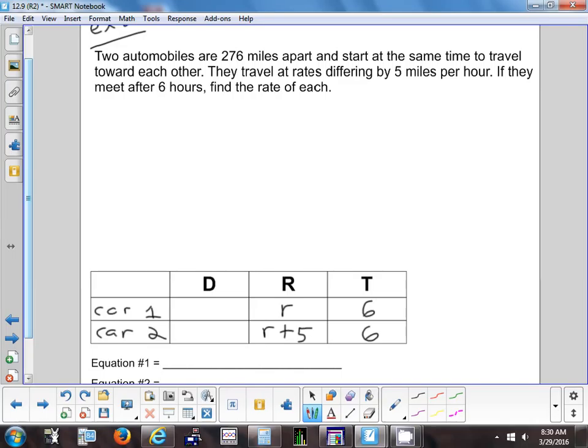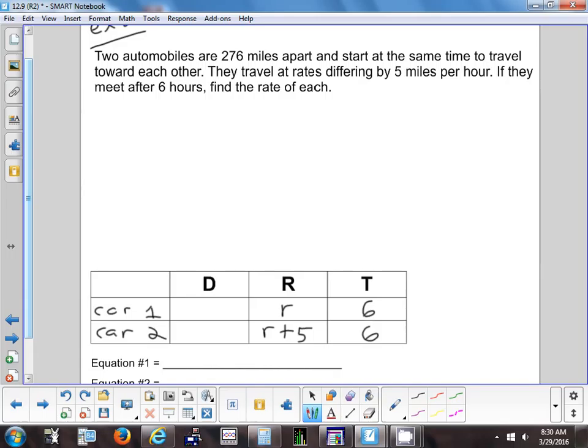Are they each going to travel the same distance? No, because one's faster. So one of the people is going to drive a little farther. If they were both traveling the same speed, then they would meet exactly in the middle. But since one person's going a little faster, they're not going to meet quite in the middle. They're going to meet a little bit apart from the middle.